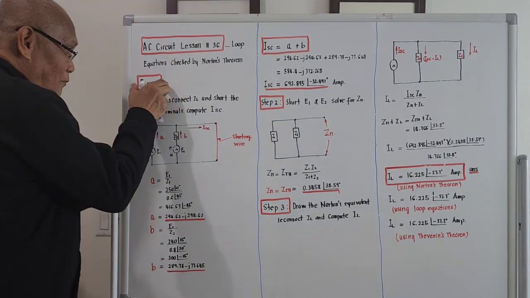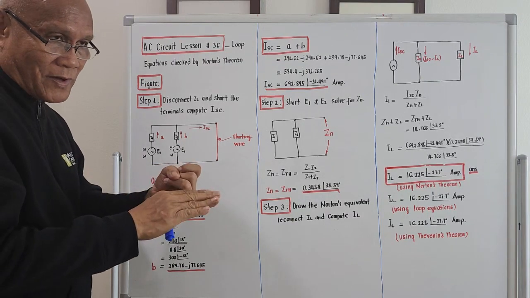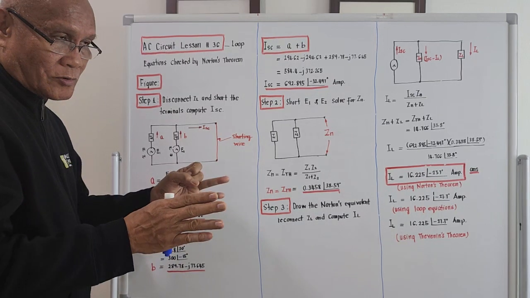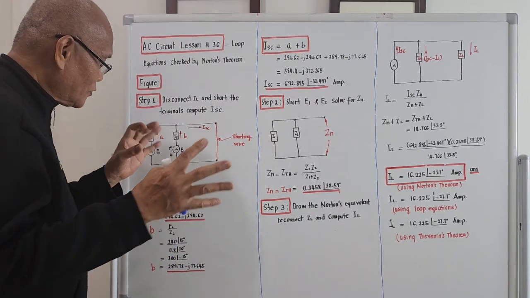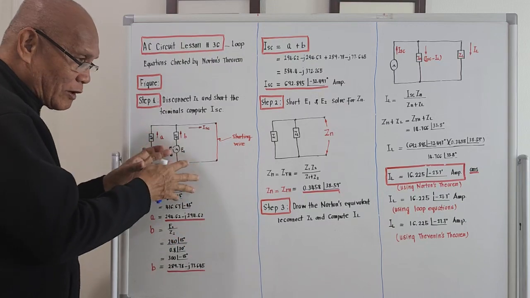The figure of the problem for lesson number 36 will be the same as for lessons 34 and 35. I didn't give you the figure now, but as we solve the problem, I will try to figure out what happens.